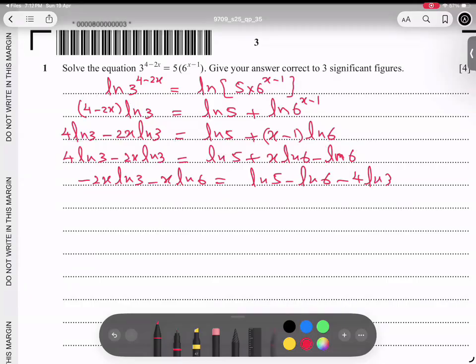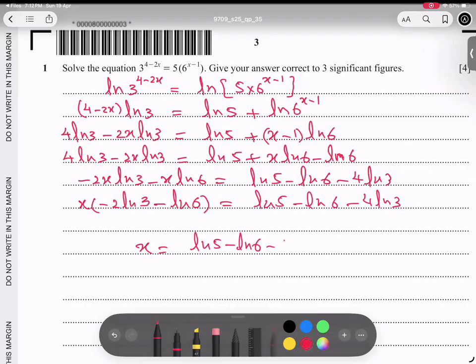So from here, we take x common. We get negative 2 ln 3 and negative ln 6, this whole thing as it is. Now this fully divide on the other side: negative 2 ln 3, negative ln 6. So I'm going to type the value.